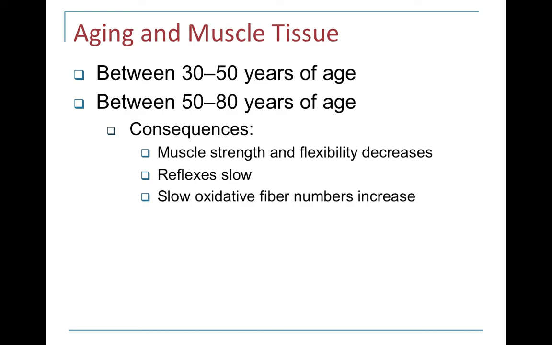And then between 50 and 80 years, another 40% is replaced. So the consequences are that our muscle strength and flexibility will decrease, our reflexes slow, and the number of slow oxidative fibers actually increases. Generally, our lower limbs will atrophy before our upper limbs.